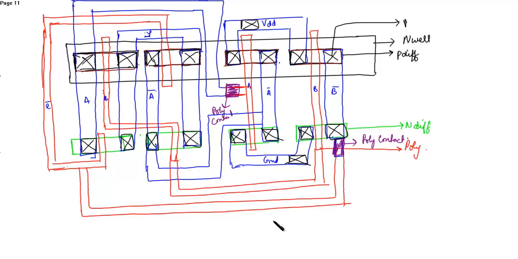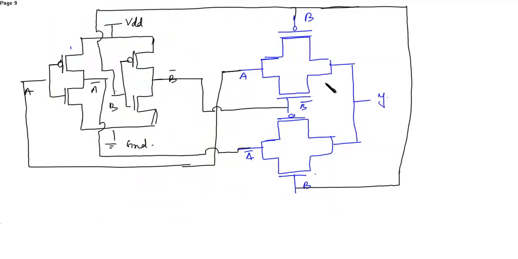Similarly, you can draw the layout from the normal schematic diagram also, as discussed earlier. For the layout from the normal schematic, you can see here the transmission gate will be drawn exactly like this, and the inverter will be drawn exactly like this.